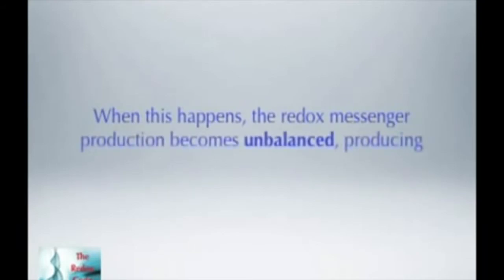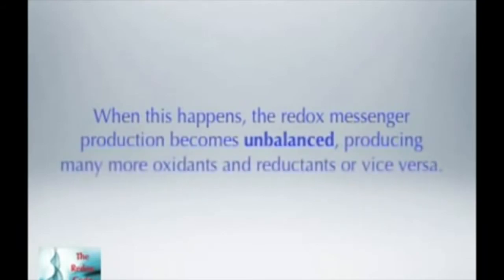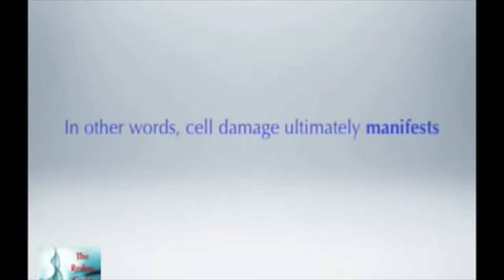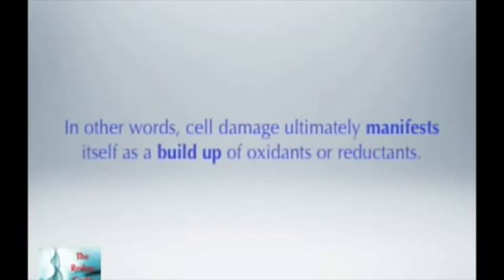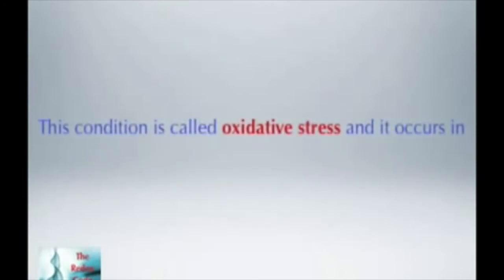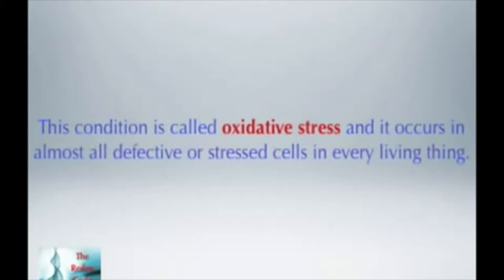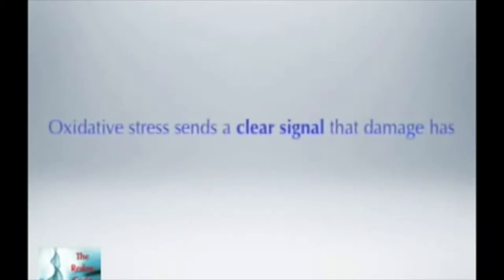When this happens, the redox messenger production becomes unbalanced, producing many more oxidants and reductants, or vice versa. In other words, cell damage ultimately manifests itself as a buildup of oxidants or reductants. This condition is called oxidative stress, and it occurs in almost all defective or stressed cells in every living thing.